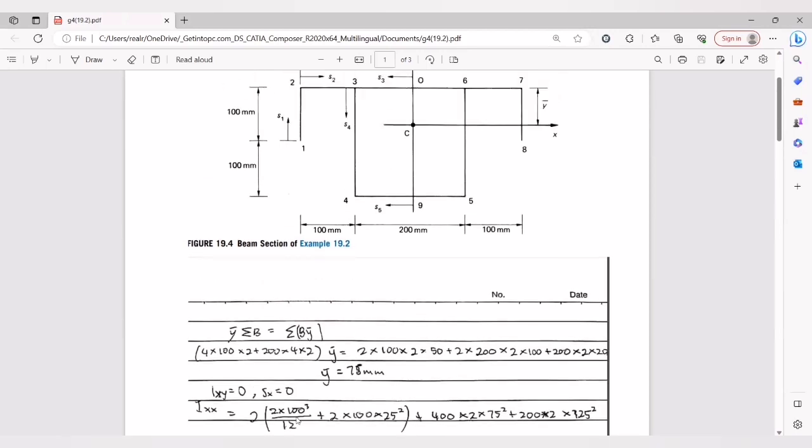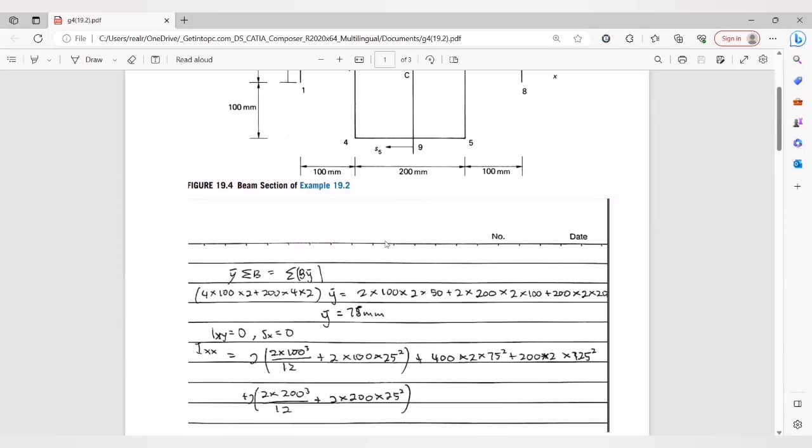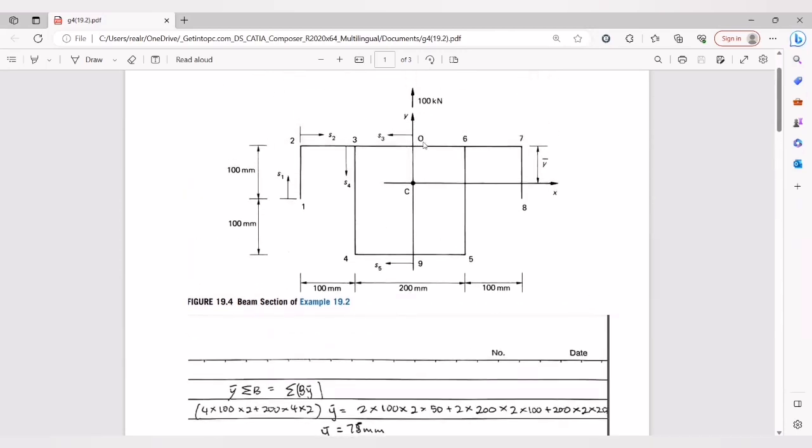The formula is 100 cubed times 2 for the thickness over 12, plus 2 for the thickness times 125 squared, 25 because of the distance below the center.